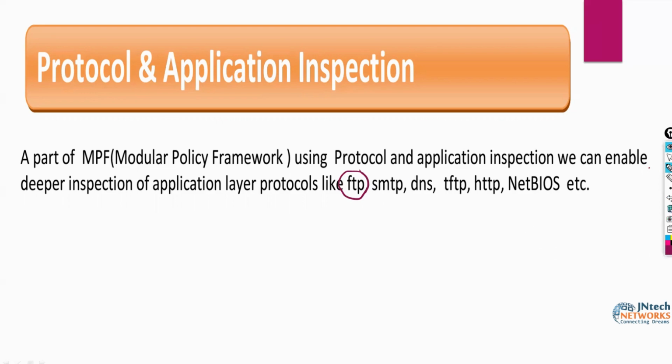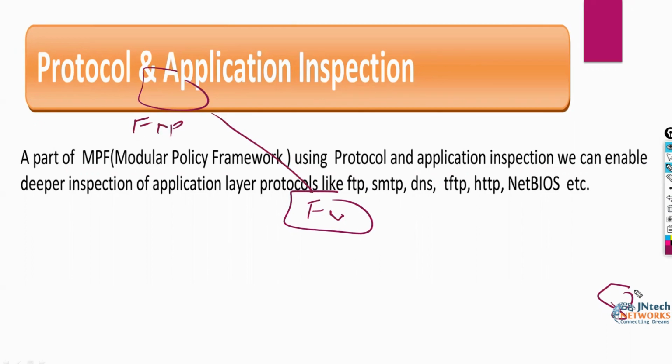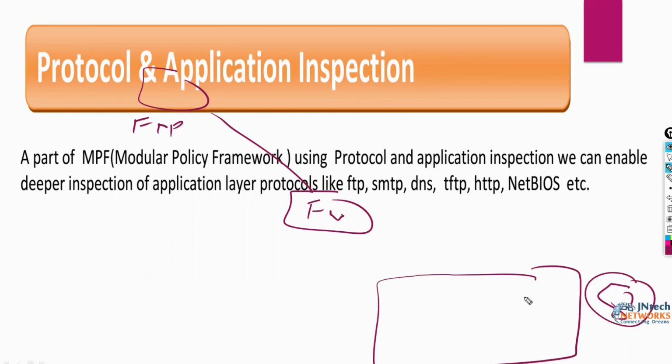For example, an outside user is trying to access an FTP server. What can he do? He can open his FTP application, right? So FTP is an application and FTP is a protocol. This FTP service is running on the server, so this is called the FTP protocol, FTP services.